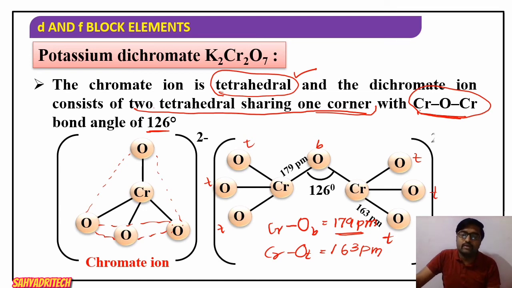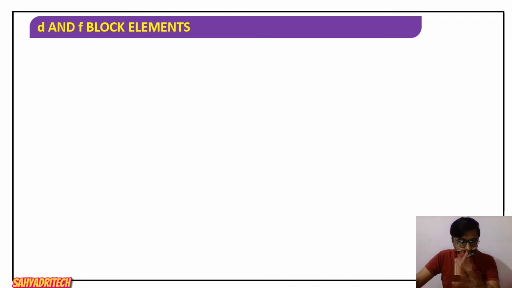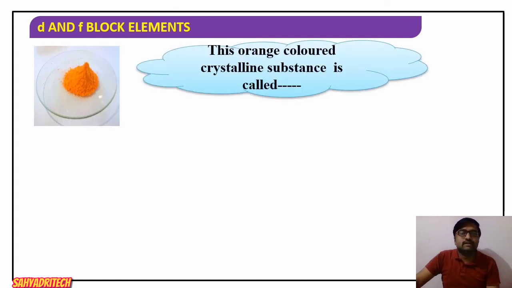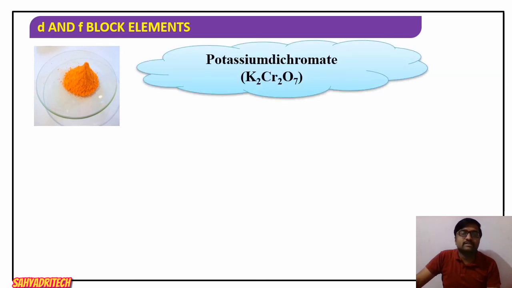Okay, well, and what about overall charge? The dichromate ion is also going to carry a minus charge, right? Now this orange colored crystalline substance is called what? It is potassium dichromate.